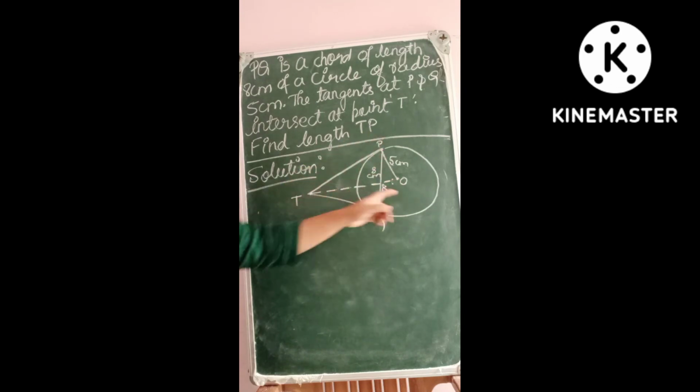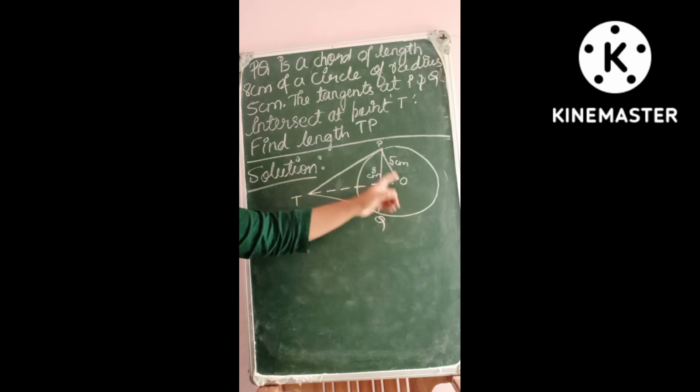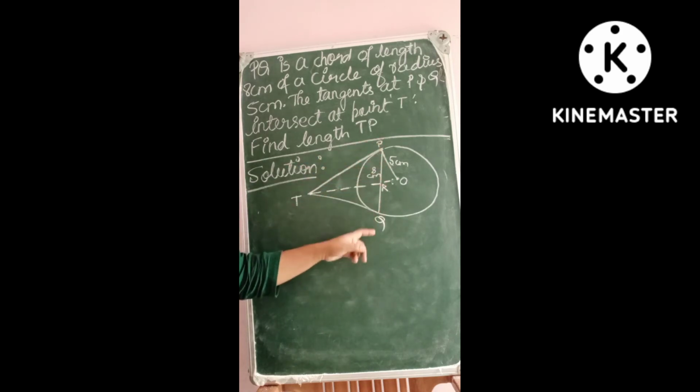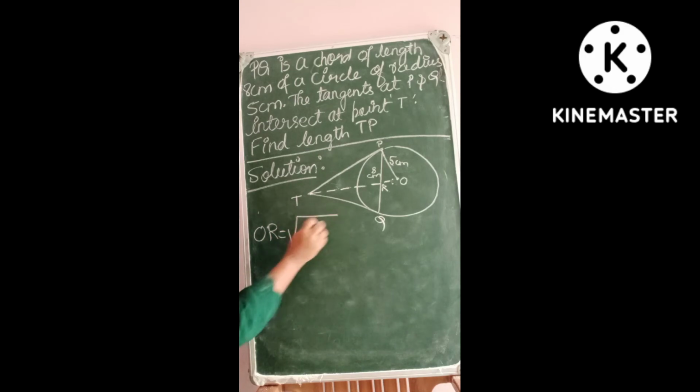So OT is perpendicular to PQ and therefore OT bisects PQ, which gives PR is equal to RQ is equal to 4 cm. The whole length is 8 cm. Also OR is equal to root of OP square minus PR square.